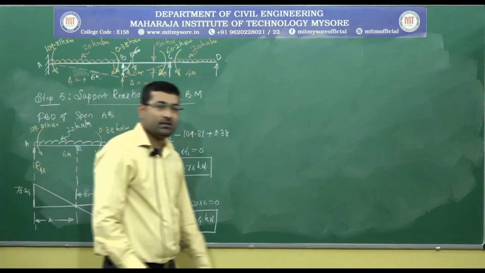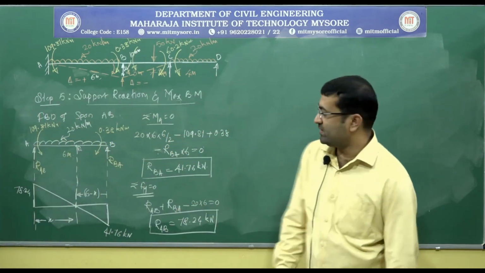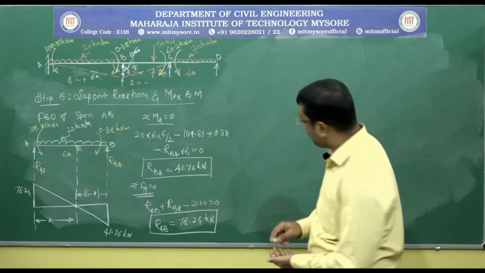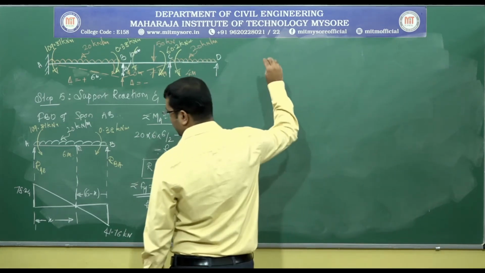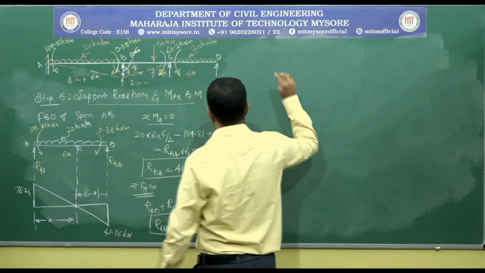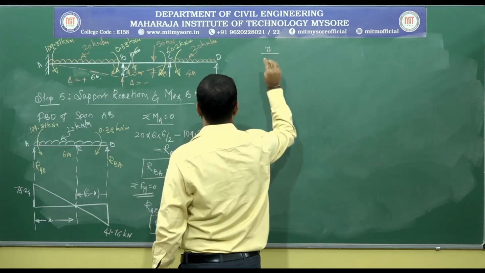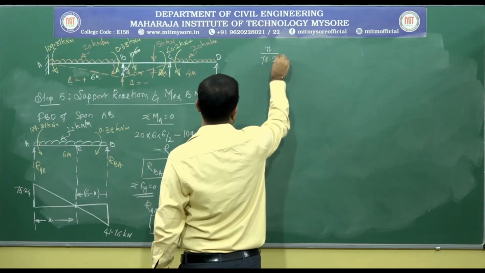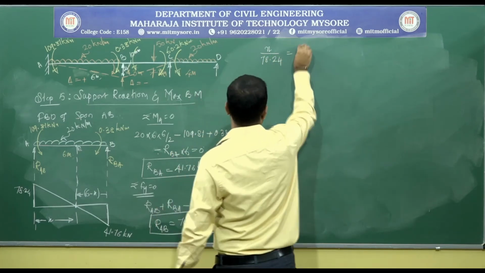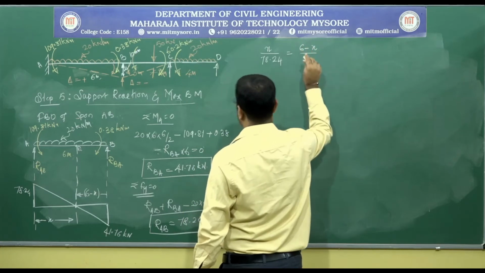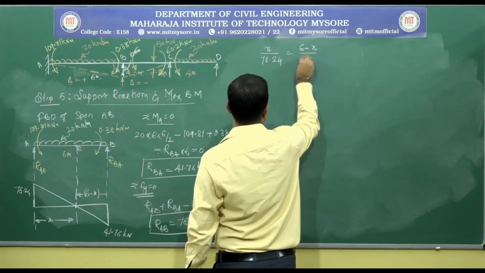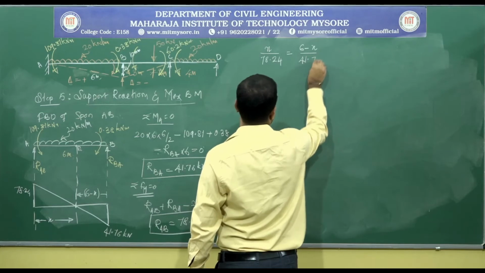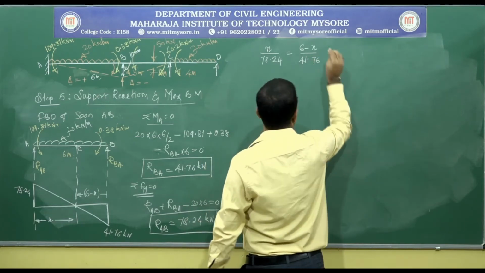So I need to determine the point where the shear force is 0. What I will do here is impose the symmetric triangle concept. Then I can write x by 78.24. This ratio must be equal to 6 minus x by 41.76.